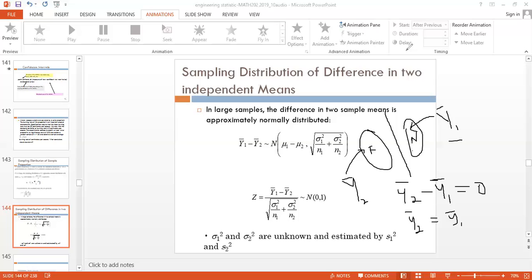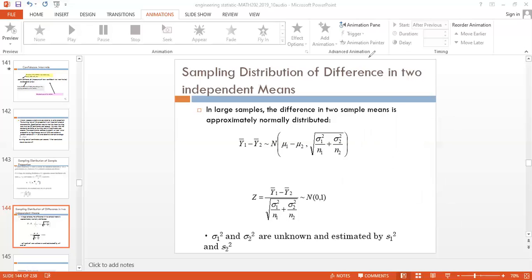Now, with regards to the sampling distribution of two population means, which are approximately normal with known variances, we write that the difference of y1 and y2, the two populations, is also normally distributed with a mean of mu1 minus mu2, population mean 1 minus population mean 2.